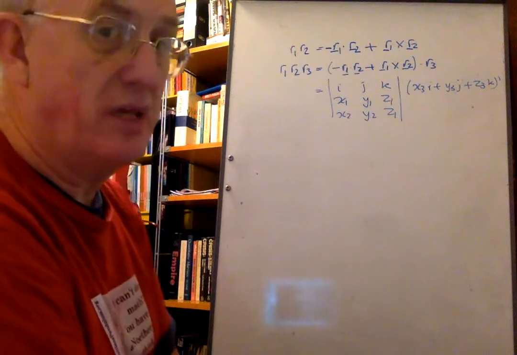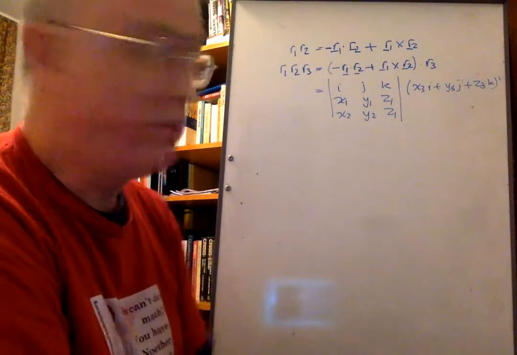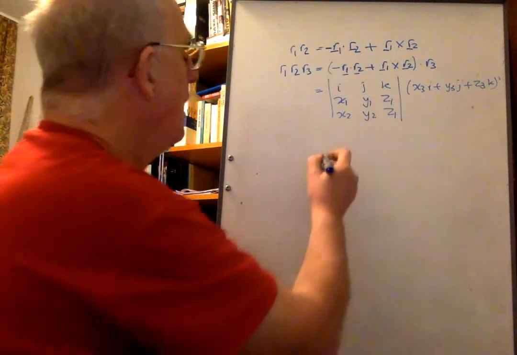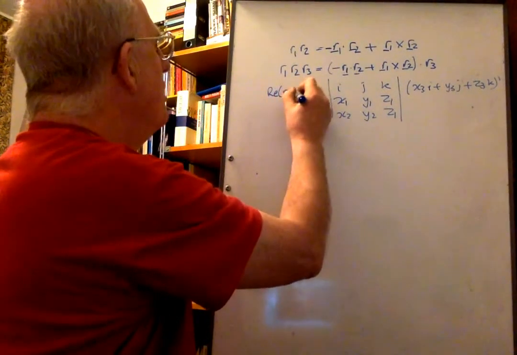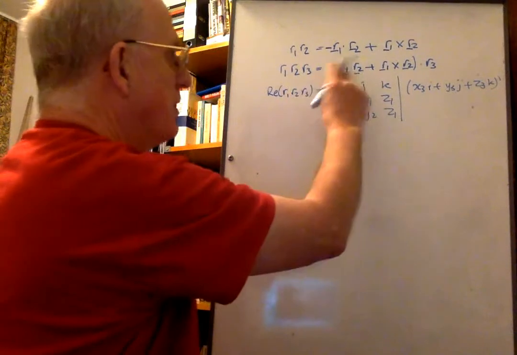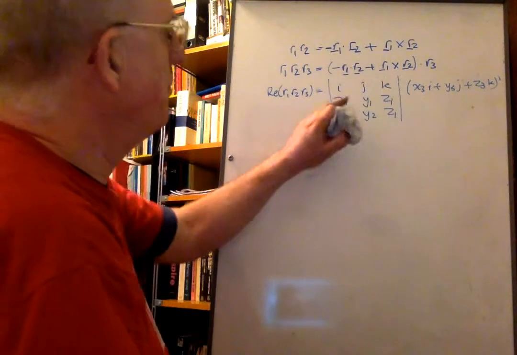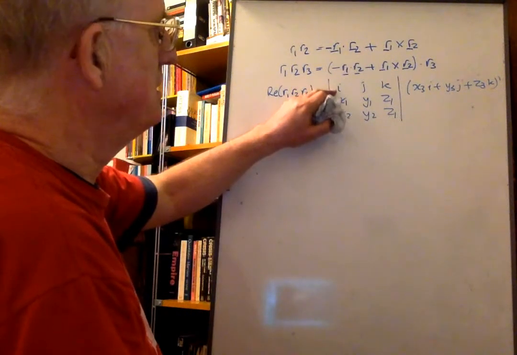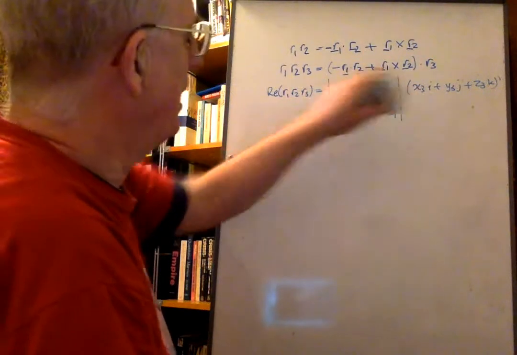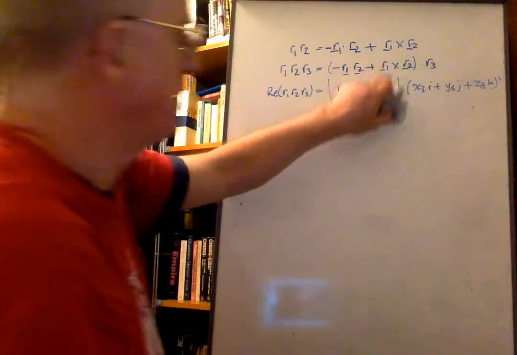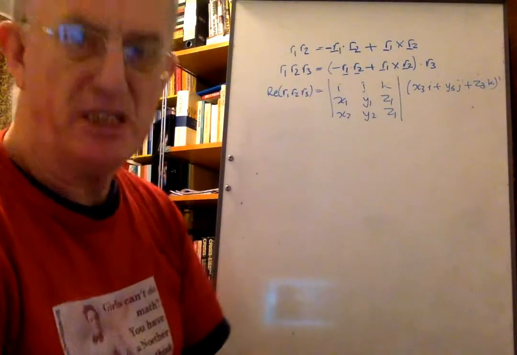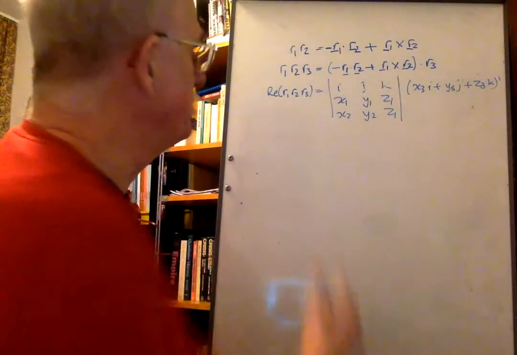What we're worried about here is the real parts of it. So this is the real part of R1, R2, R3. If we take the real part, when the i multiplies by the i, the j by the j, the k by the k, then i times j, j times k, and so on are all going to produce imaginary bits.